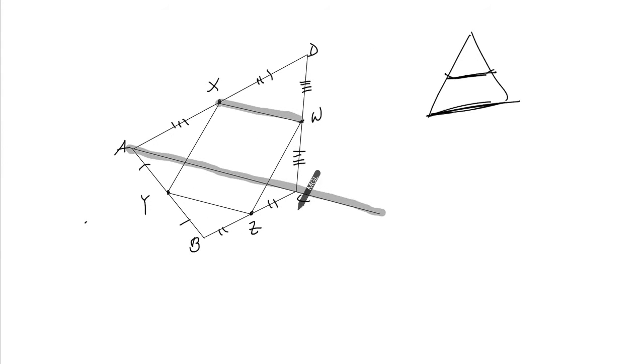If you look at the bottom, this line is also connecting the two midpoints. So that and that is parallel, which means this and this line is parallel. Okay, so from the diagram we can see that XW is parallel to YZ.